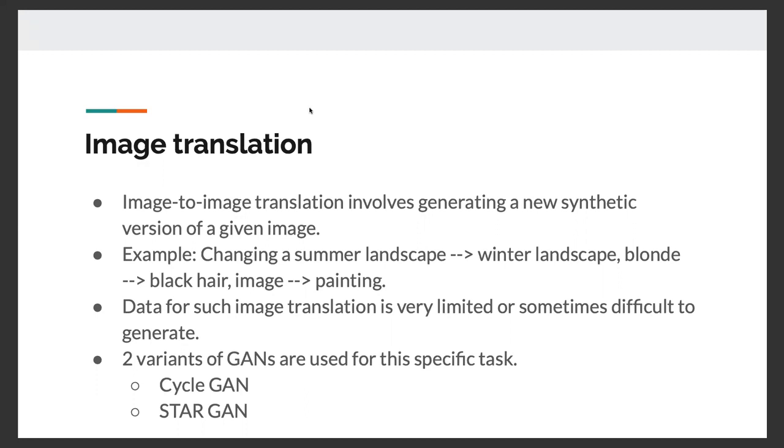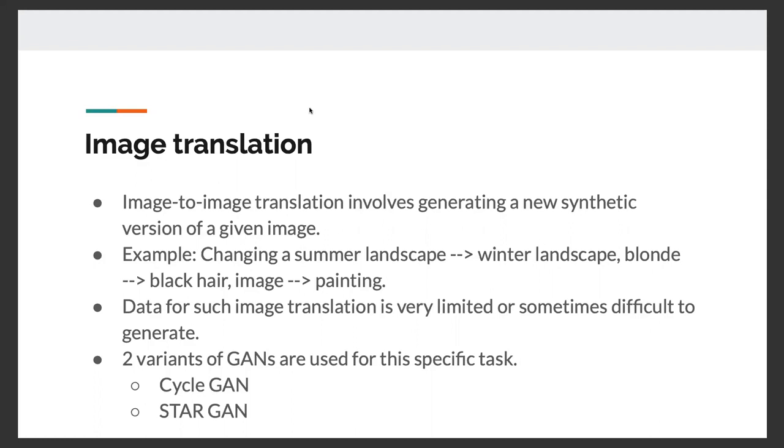Here are some examples of this kind of task. We may want to change a summer landscape to a winter landscape, or modify human images, say changing blonde hair to black hair, and we can also transfer an image to a painting style.